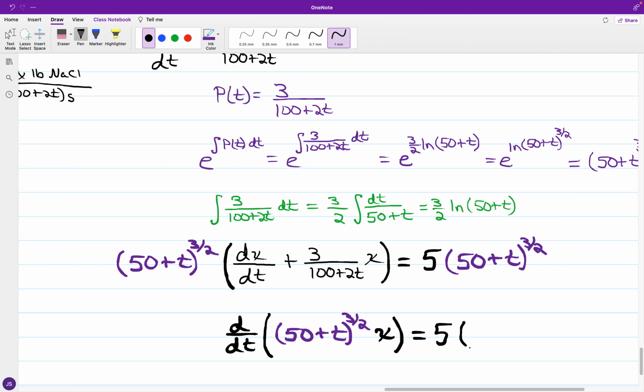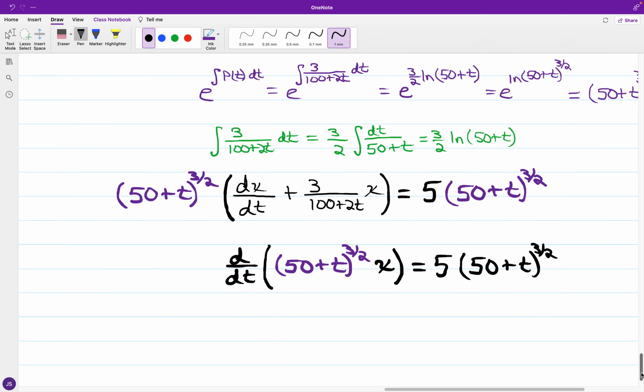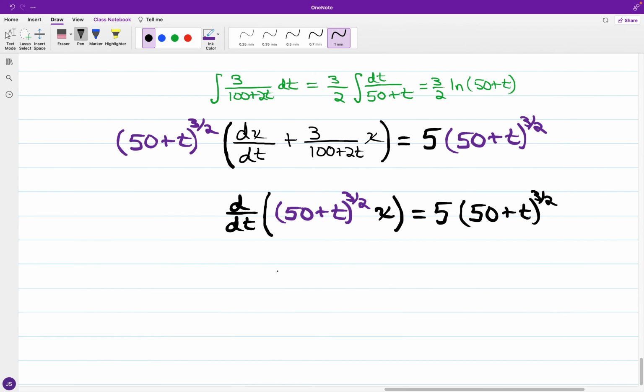And we have 5 times the quantity of 50 plus t raised to the 3 halves, and taking care of the derivative.